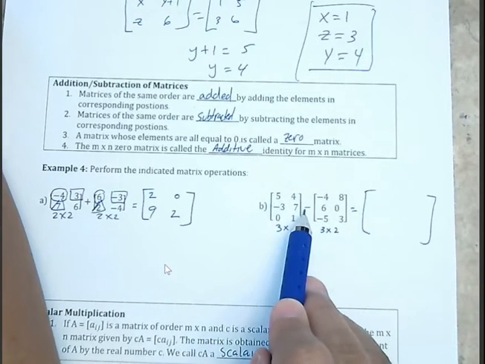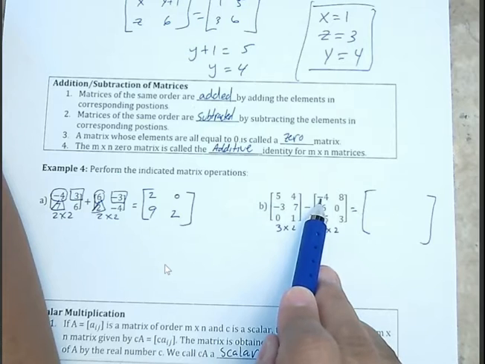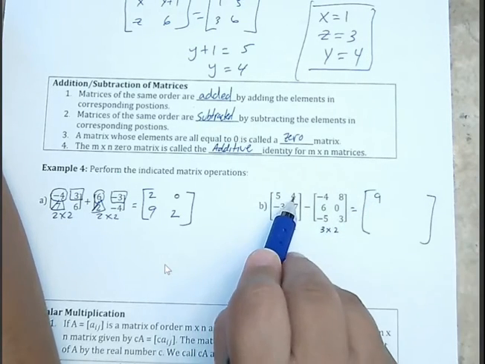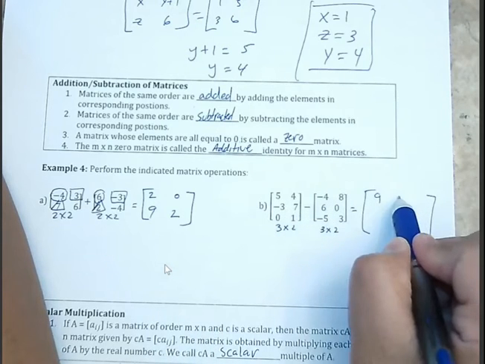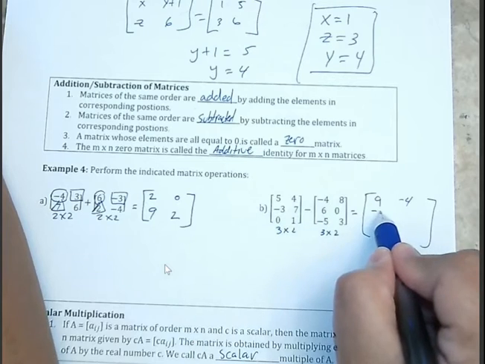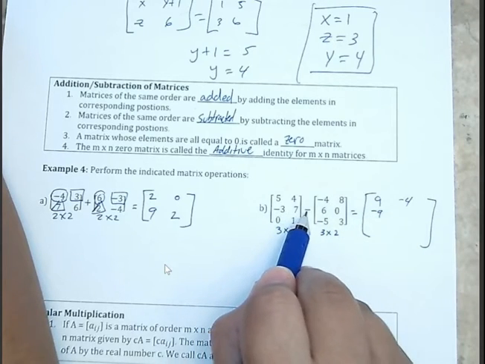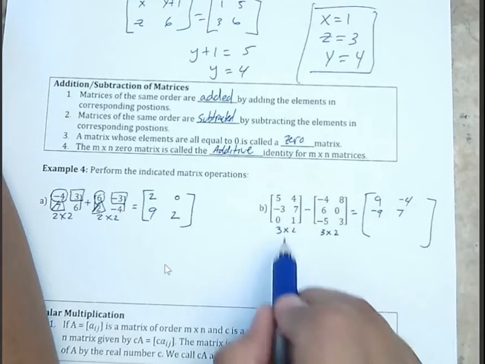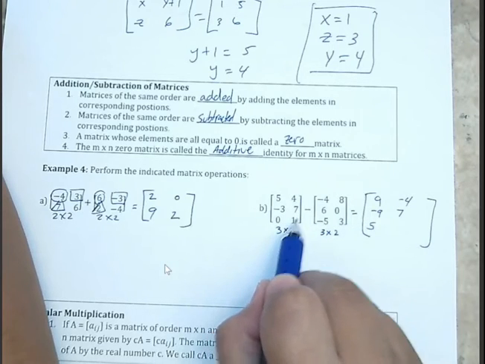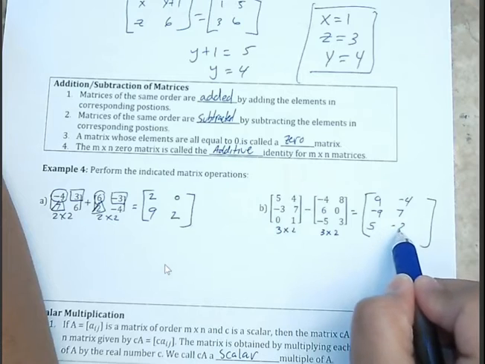So 5 minus a -4, that's going to be a +9. 4 minus 8 is a -4. -3 minus 6, -9. 7 minus 0 is 7. 0 minus -5 is +5. 1 minus 3 is -2.